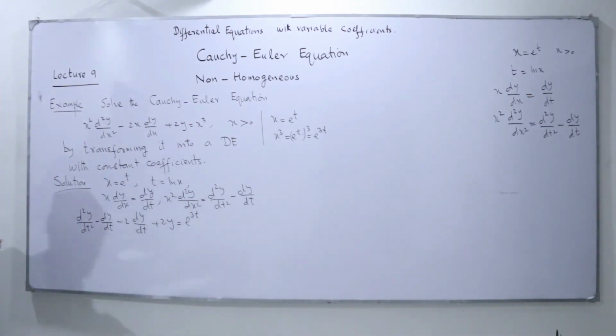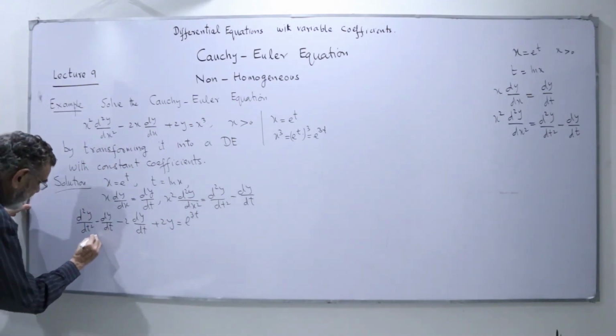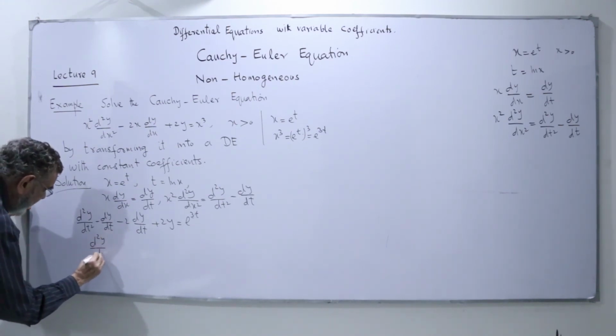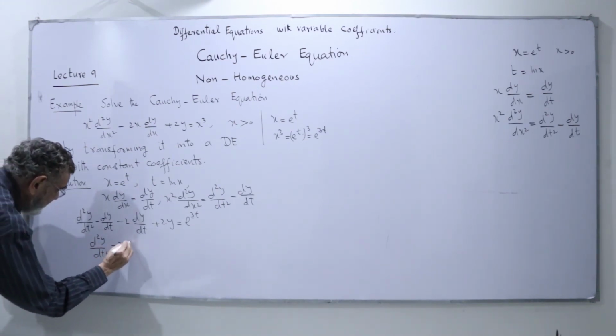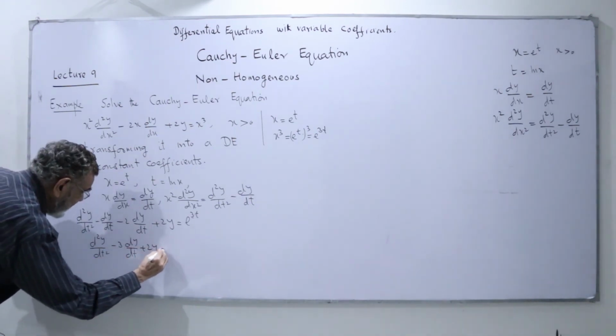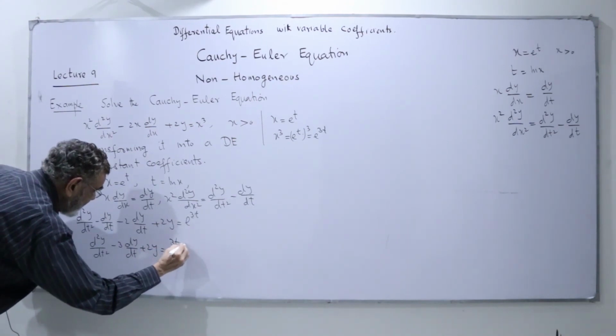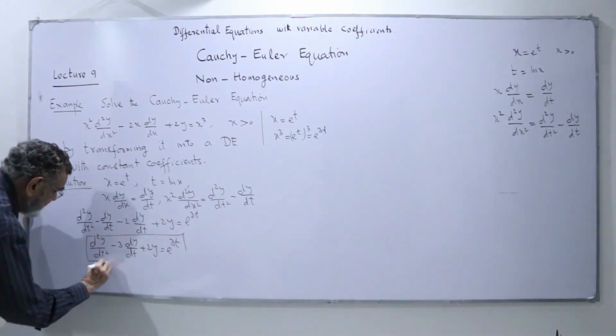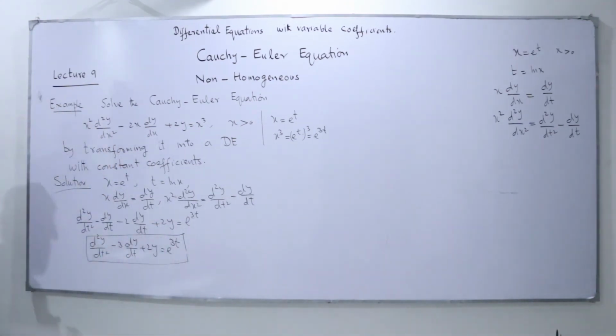So I simplify it further. I get d2y by dt square minus 3 dy by dt plus 2y is equal to e to power 3t. Now this is my differential equation which I changed to constant coefficients.